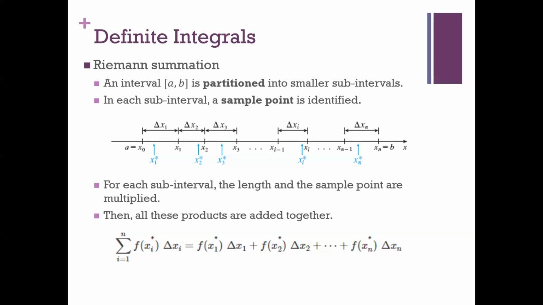This one's near the left end of the interval, this one's near the right, this one's kind of center. Like I said, maybe there's no reason why you would want to do that, but you can. That's basically how the Riemann sum was theorized. Pick an x value on the interval, find the y value that goes with it, and then multiply the length of the width and the height.